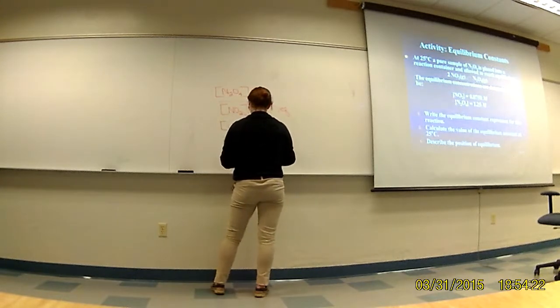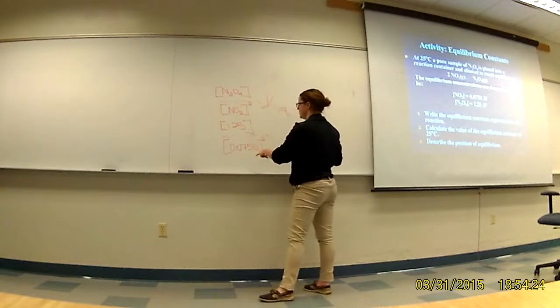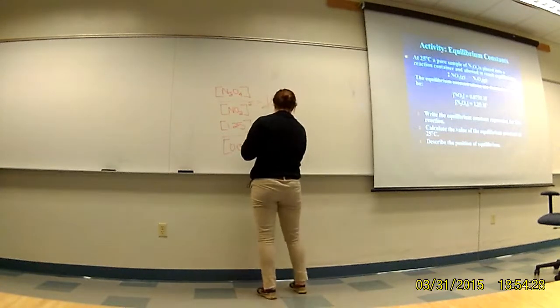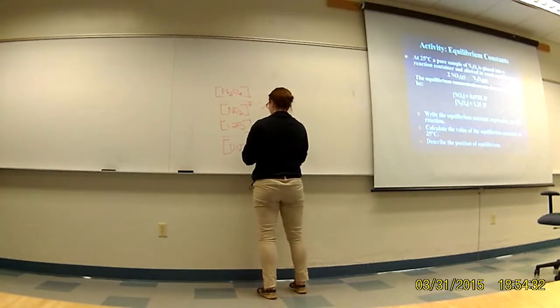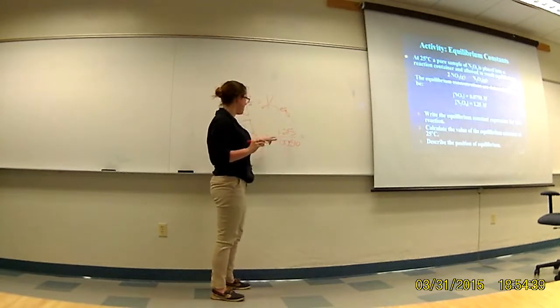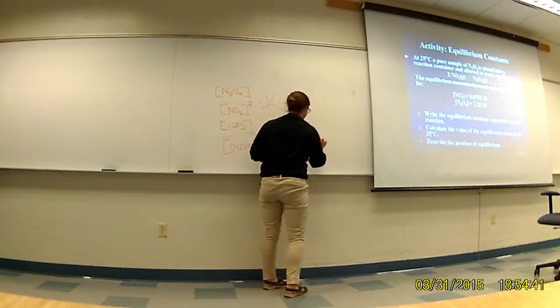Does anyone know what that is squared, the 0.0750 squared? 0.0056. And then I don't know what the math of that would be. 222, and then just repeating 2 forever.